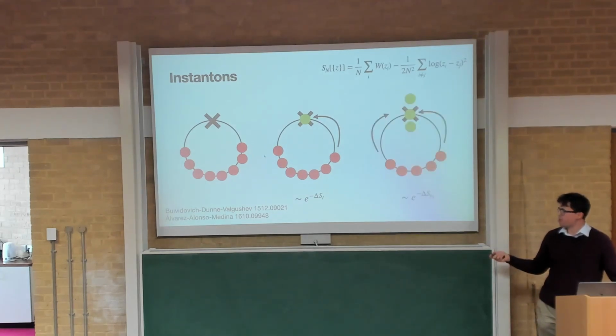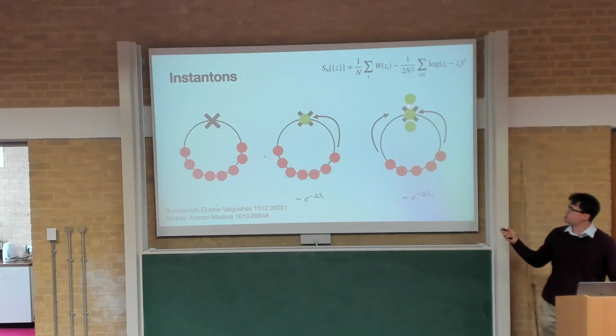Likewise, it was shown that you can keep taking more eigenvalues and creating new instanton contributions. And it turns out they must line up on the real axis, so they're extended to the complex plane.